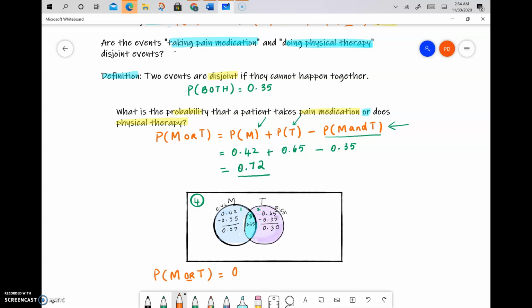So the first number is 0.07, which is the percent of patients that take only pain medication, plus 0.30, which is the percent of patients that do only physical therapy, plus the percentage of patients that do both the treatments, which is 35%. Notice that when we add these three numbers, we get the same answer as above, which is 0.72.